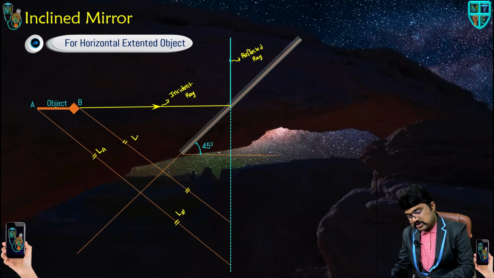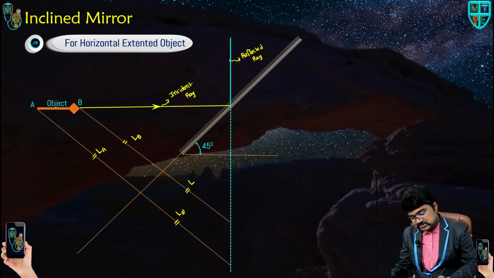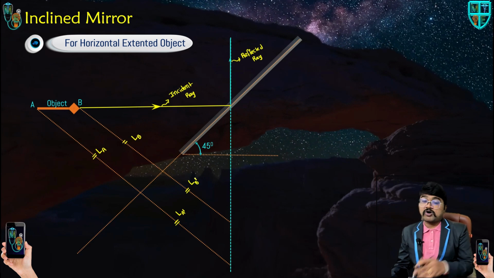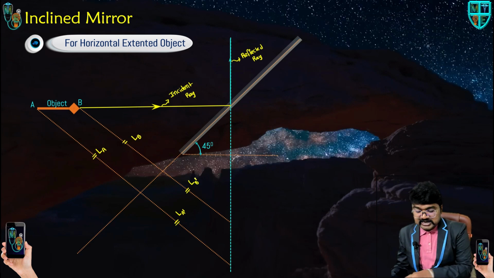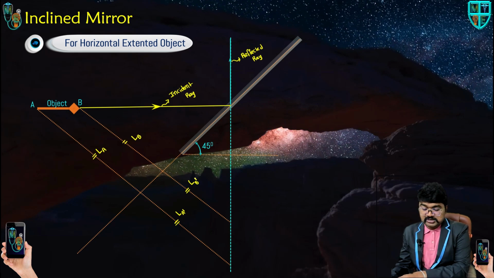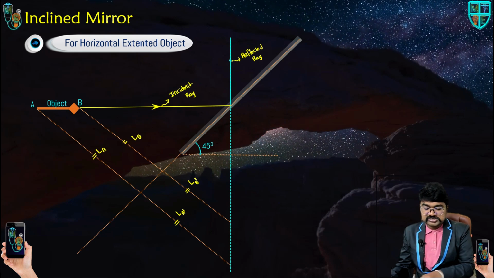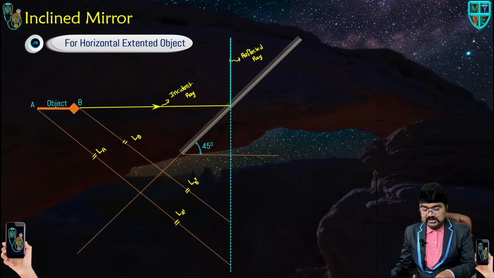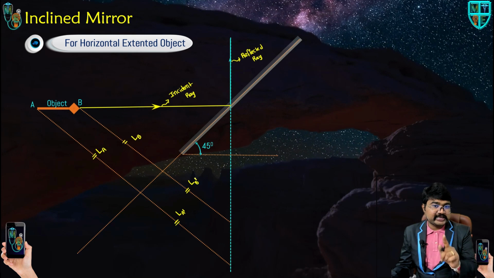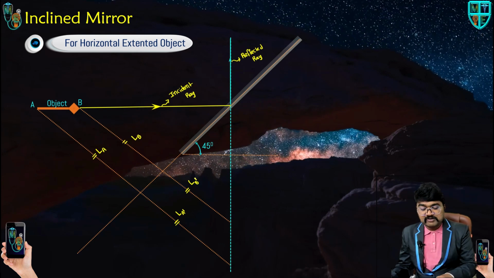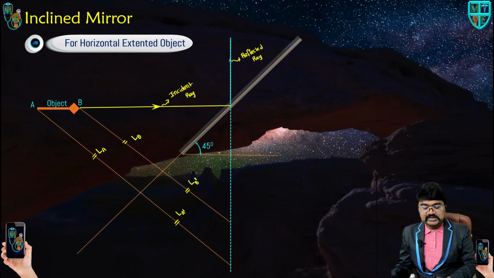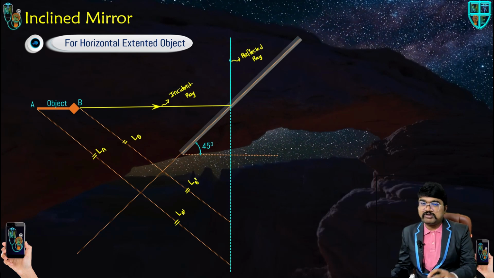From here to here, LB, this would be LB dash. So for the horizontal object, of course the ray is coming from the object, the incident ray is horizontal. If it is 45 degrees, then only the reflected ray will be vertical. Understood now? So here it is 45 degrees, reflected ray will be vertical.